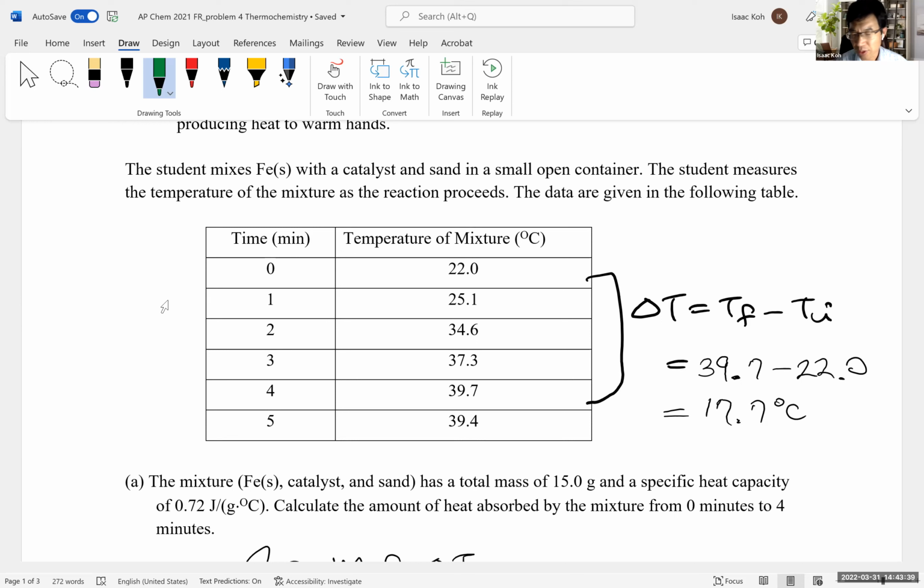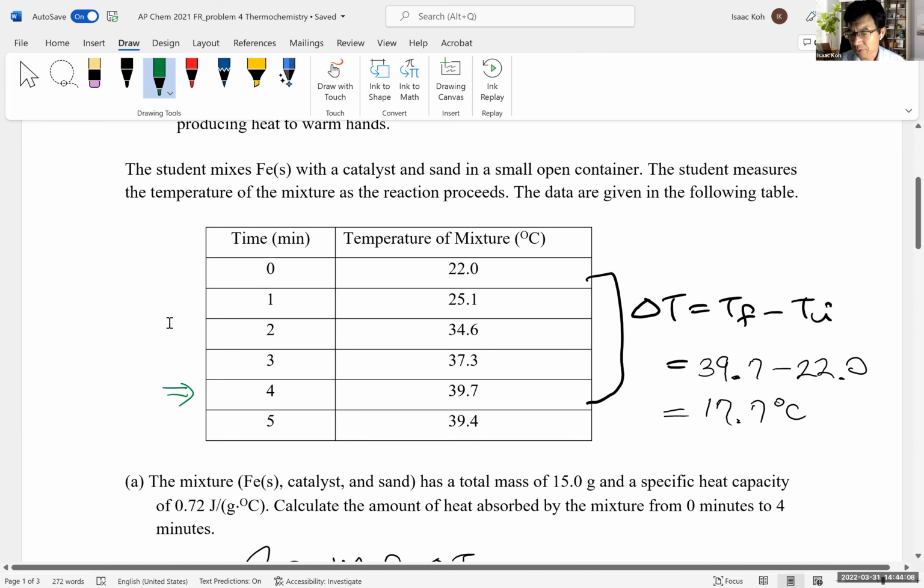So we want to see the maximum temperature at the 4th minute, 39.7 degrees C. And we are interested in how much the temperature increased. So the final temperature minus initial temperature is called the temperature difference, delta T. It is 39.7 minus 22.0, 17.7 degrees C increase.